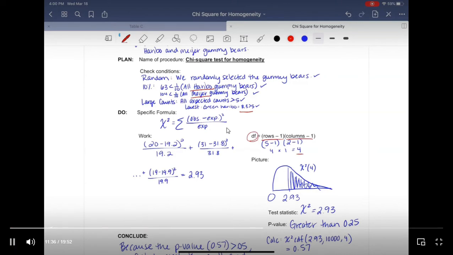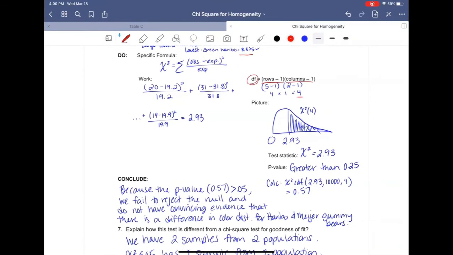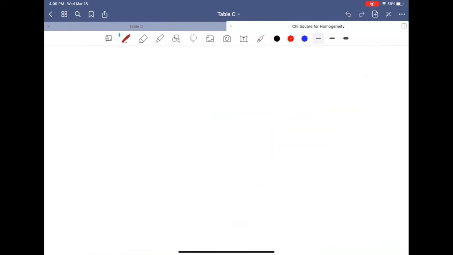So for my picture, I started my x-axis at 0 and then added on my chi-square test statistic. 2.93 is pretty close to 0, so I made sure it was clear that we aren't really far away. And then again, label chi-squared and your degrees of freedom. So for the p-value on here, remember our degrees of freedom are 4.